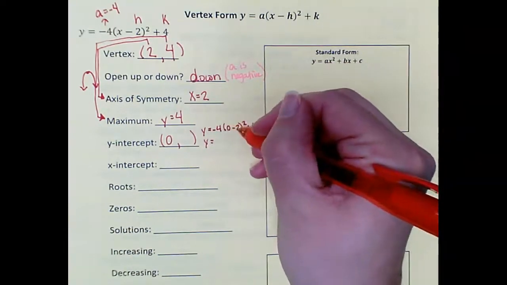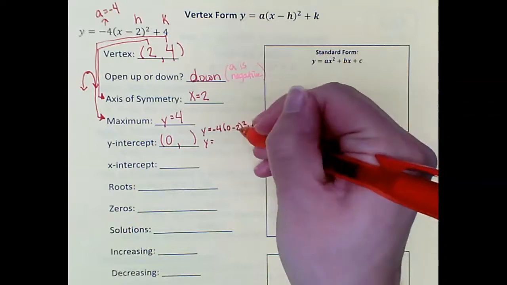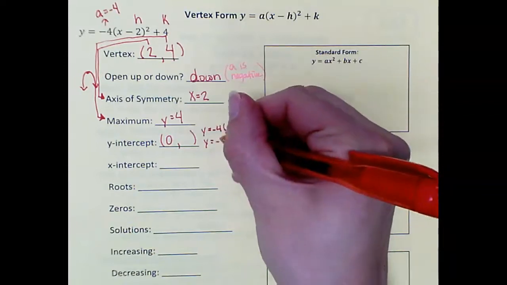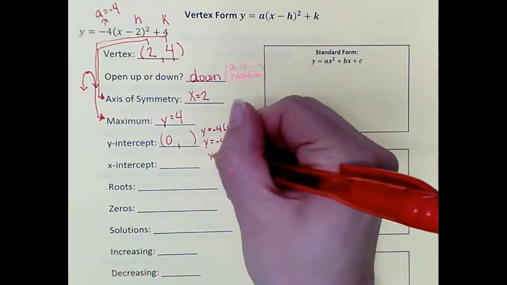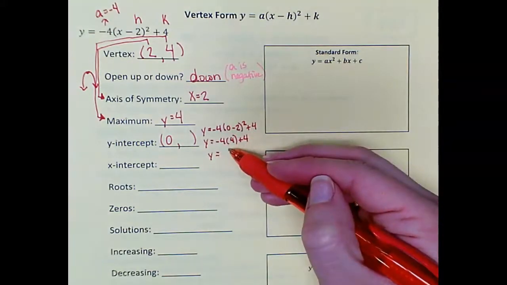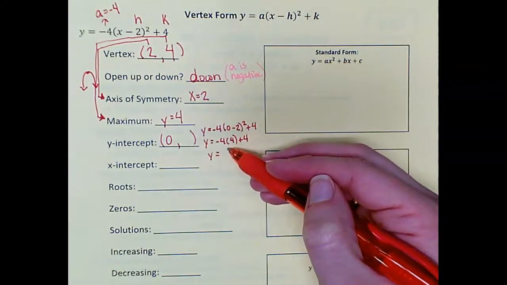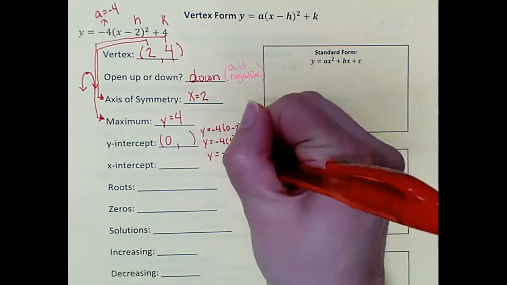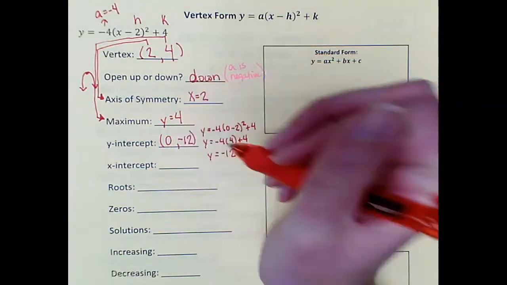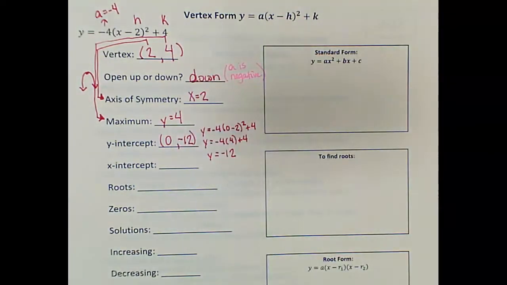So 0 minus 2 is -2. -2 squared is 4, so I have -4 times 4 plus 4. It's a lot of 4s. -4 times 4 is -16. And negative 16 plus 4 is negative 12. So that is my y-intercept.